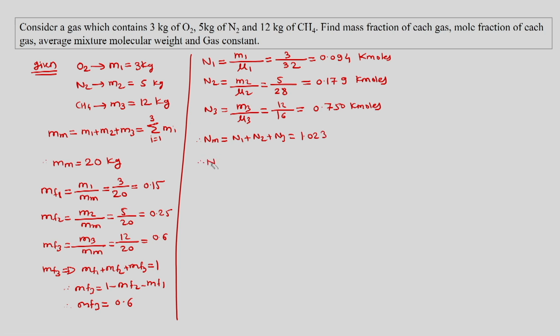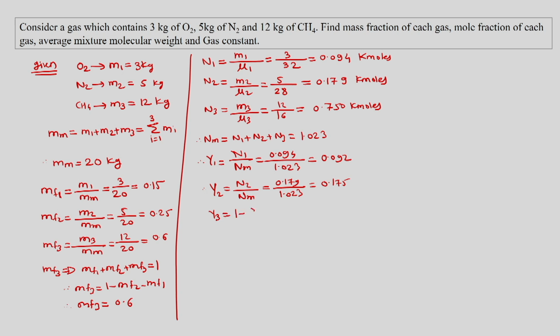Nm comes to 1.023. So we can find the mole fraction of the first species, Y1, which is N1 divided by Nm, 0.094 divided by 1.023, which is 0.092. Y2 is N2 divided by Nm, 0.179 divided by 1.023, which is 0.175.